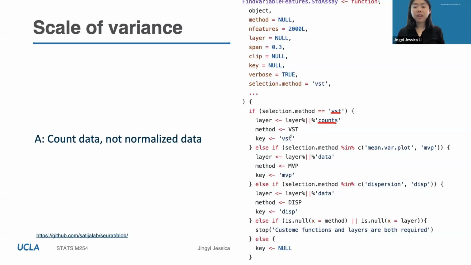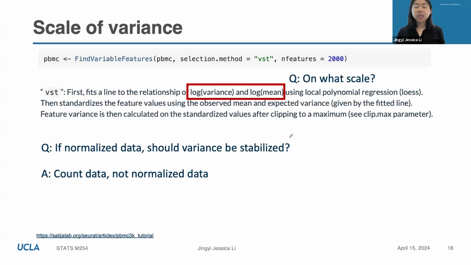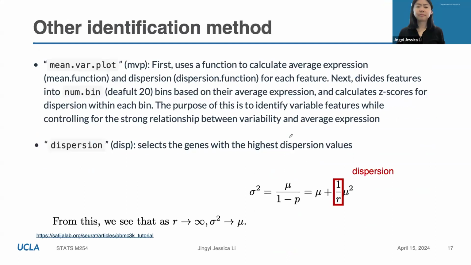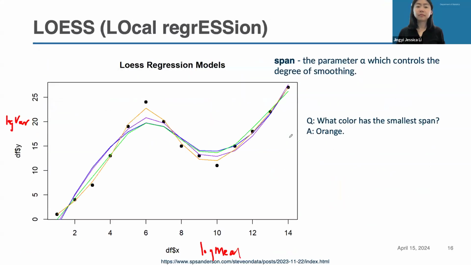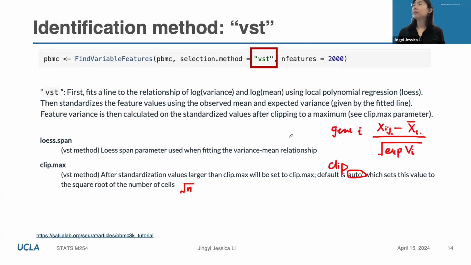Method VST. And I think it's on the count level. Observed mean, observed variance on log scale. Yes, log variance versus log mean, then you do lowess. And then basically you get the expected variance given the fitted line.